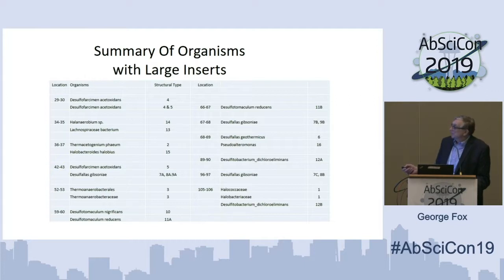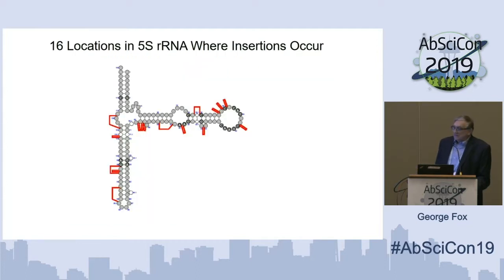And this is showing you which grouping it is, and this is showing you the position, I think. Anyway, there turn out to be 16 locations in which you find 5S RNA insertions.